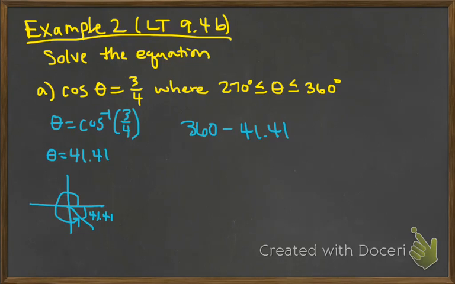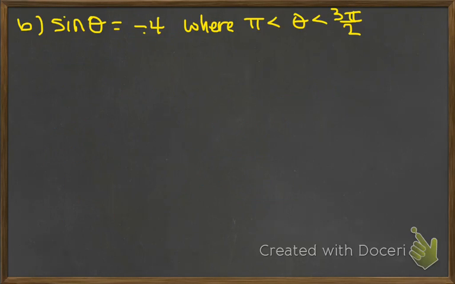When I subtract those, I get 318.59. If I took the cosine of 318.59, I would get something very close to 3/4, because we had to do some rounding. So that's why our final answer is pretty close to 3/4.